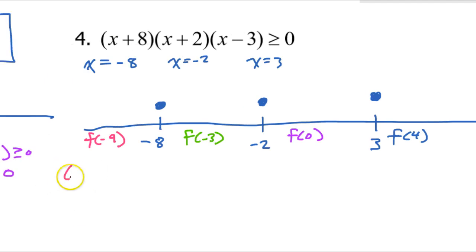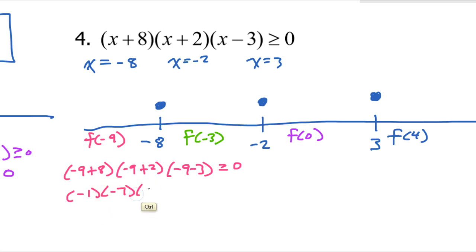Okay, so that would be -9 plus 8 times -9 plus 2, -9 minus 3. So that's going to give us -1 times -7 times -12.